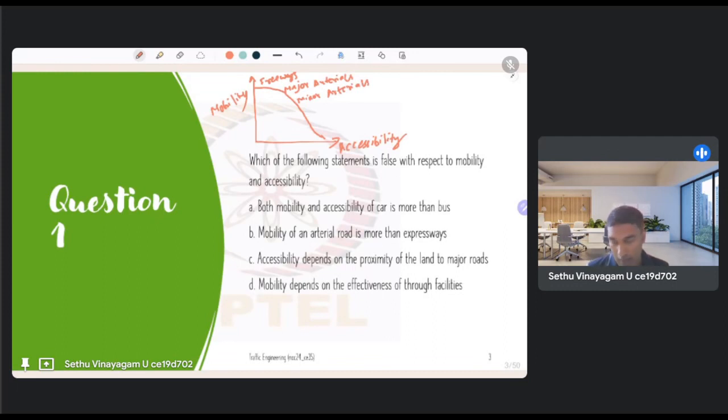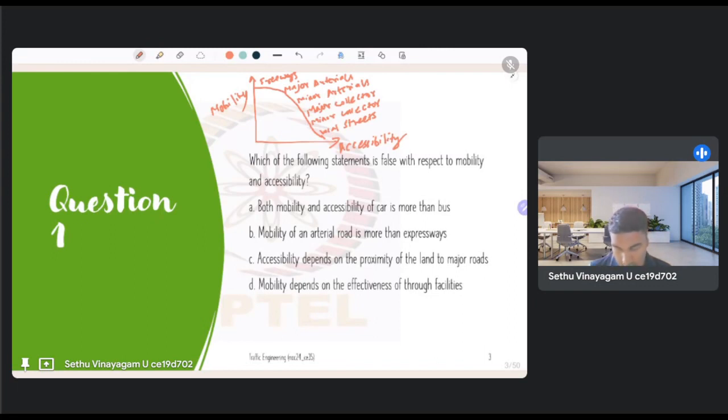So they provide higher mobility, right? Whereas their accessibility is comparatively smaller, right? This is followed by the collector roads, the major collector roads, then the minor collector roads, and then you'll have the local streets. Okay, so these facilities provide better accessibility, but they have limited mobility, right?